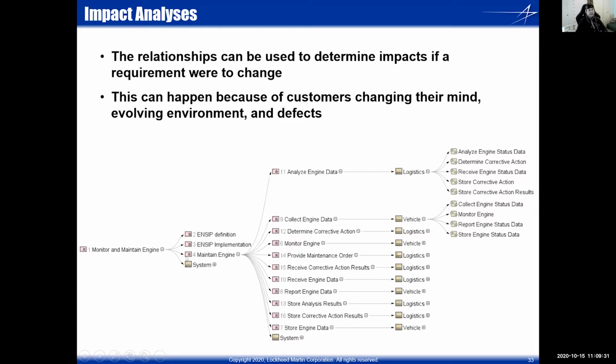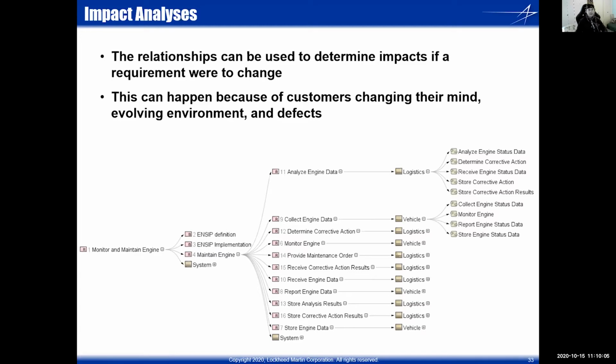So I would go, okay, this requirement they said is all wrong, and they want something different there. So I expand that, and I see, oh, these are all the requirements that go back to this one that might be affected by the customer wanting something different. And so I take a look at these and I go, okay, the change they wanted here, does it affect this? Does it affect this? Well, if it affects the analyzed engine data, then I take a look at it and go, oh, well, that was assigned to the logistics system.